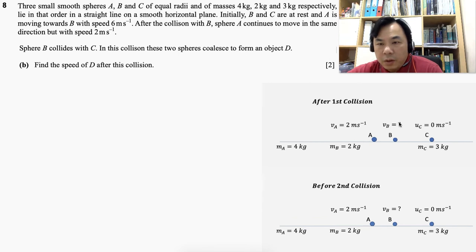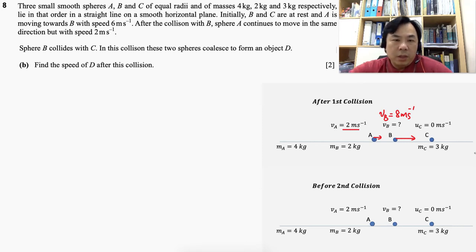We have already found that vB is equal to 8 meter per second. A will slow down, moving at 2 meter per second. B will be moving faster, and then it will be projected towards C in this case. So that is how it actually looked.